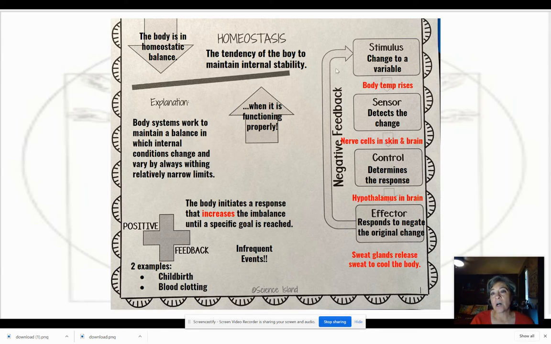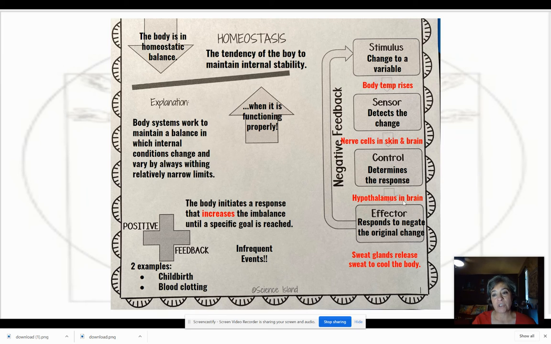So your stimulus is always something that changes, that causes the change. The sensor always will detect the change. And then control is always the thing that makes the decision: oh, what are we going to do? How do we fix this? And the effector is the thing that causes the effect, the thing that responds to the original stimulus.